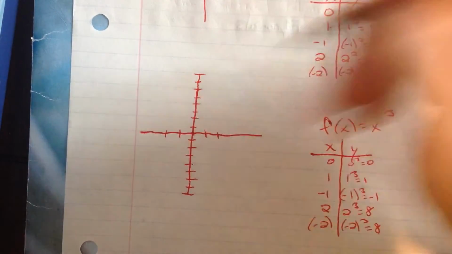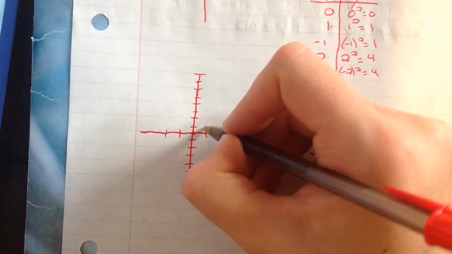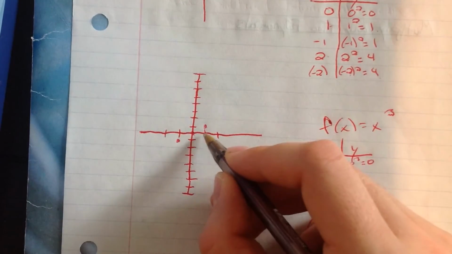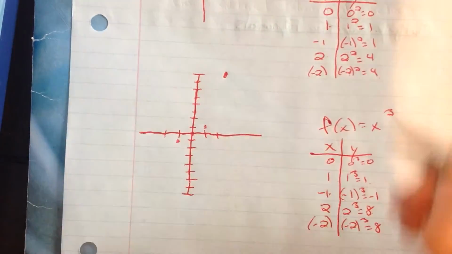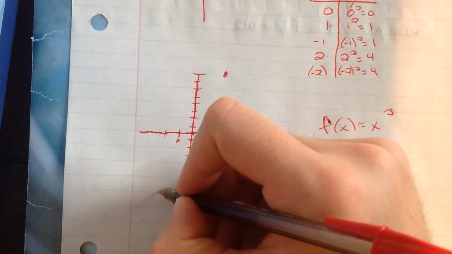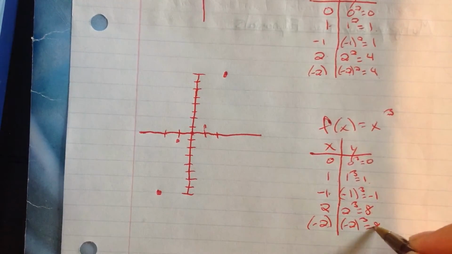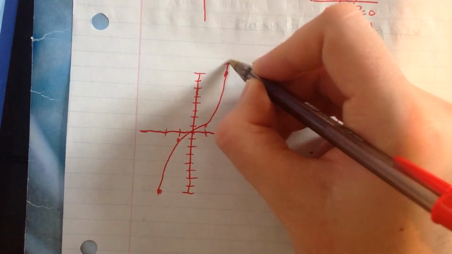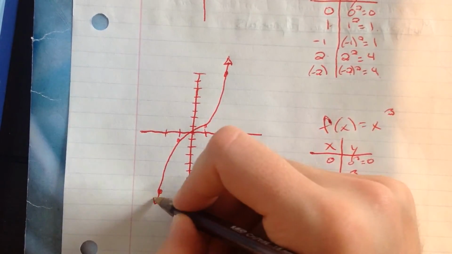So we get 0, 0, 1, 1, -1, -1, 2, 8, and -2, -8. So this graph takes on a look like this.